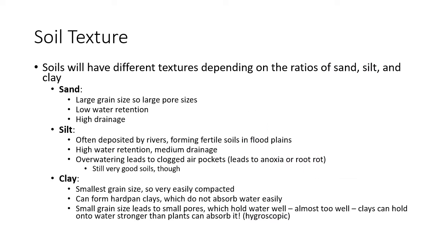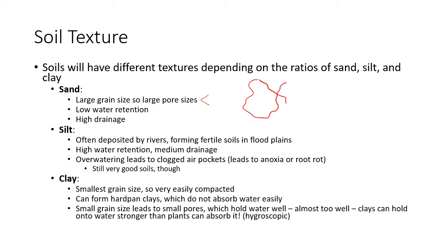If we break those sediments down again into sands, silts, and clays, those different sediments are going to give those soils different properties. If soil is high in sand, it's going to typically have large pore sizes, meaning large gaps between the pieces of sand.